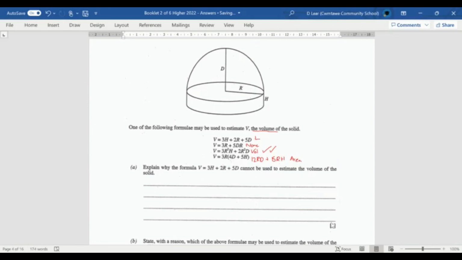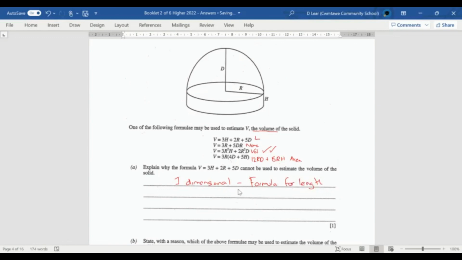Well, it's a one marker, don't commit too much. Just say words to the effect of it's length, it's one-dimensional. You can even get away with saying it's a formula for length, or it's length terms being added together.